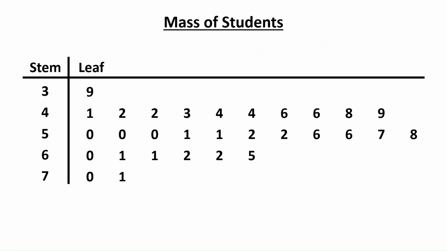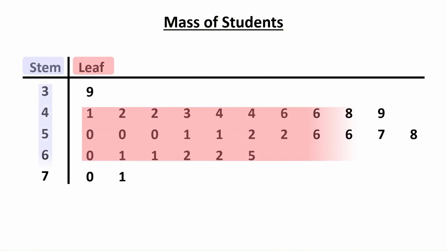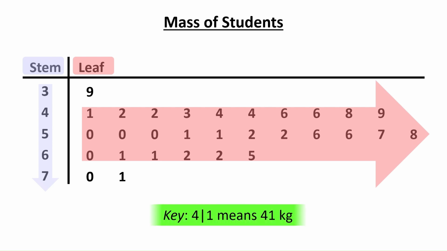In summary, in a stem and leaf diagram, each data value is represented by two parts, the stem and the leaf. The leaves are arranged in ascending order from the stem. A key is always included to indicate the place value of the stem and the leaf, so that readers can interpret the stem and leaf diagram correctly.